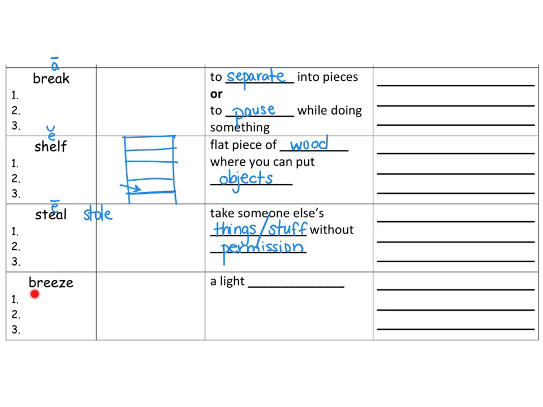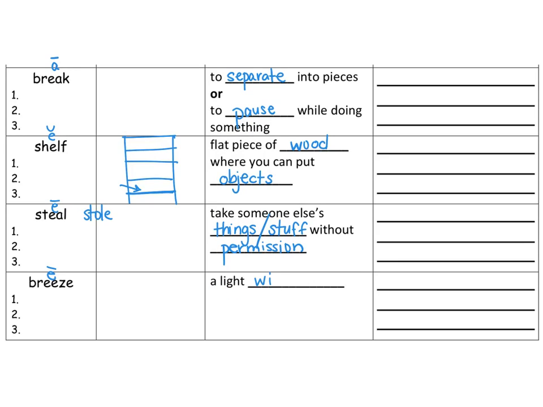Okay, the next word is breeze. Breeze. There we have the long E sound. EE says long E. A breeze is a light wind.